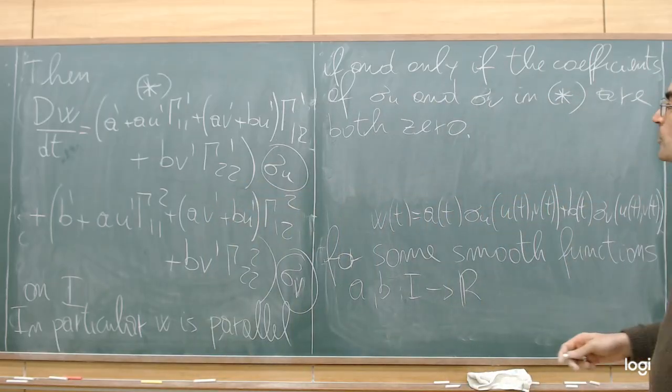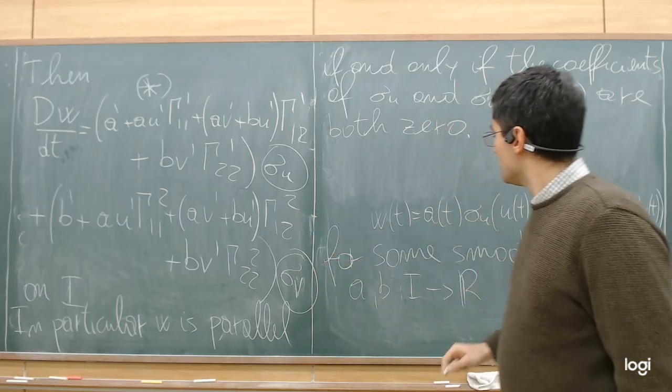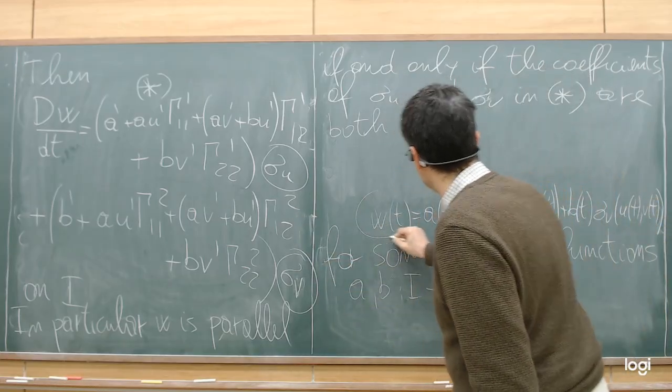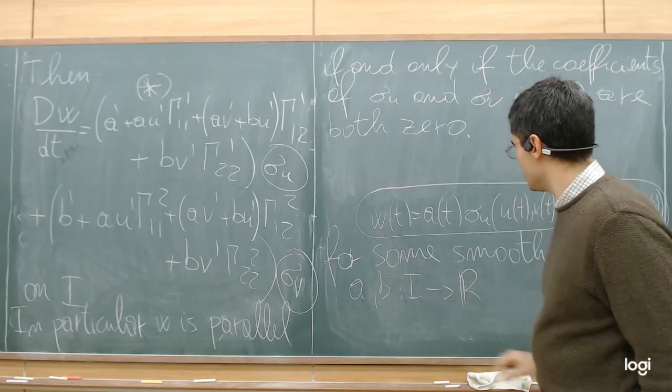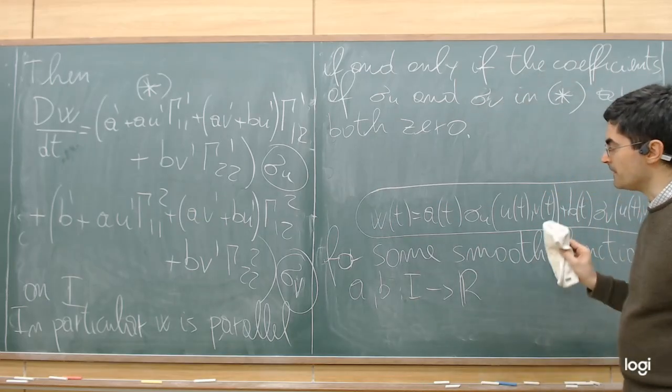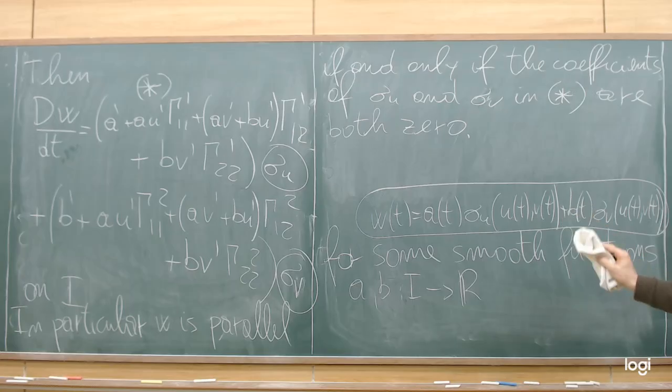If you want to prove this formula, you start from this expression. This is the generic expression of a vector field along gamma.